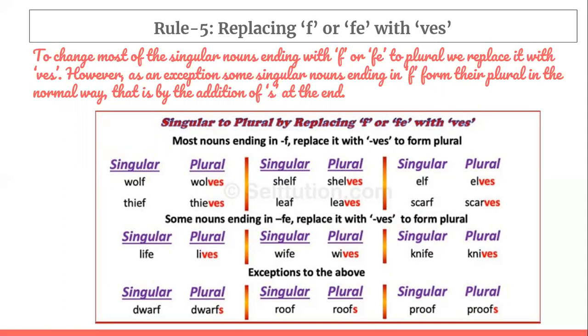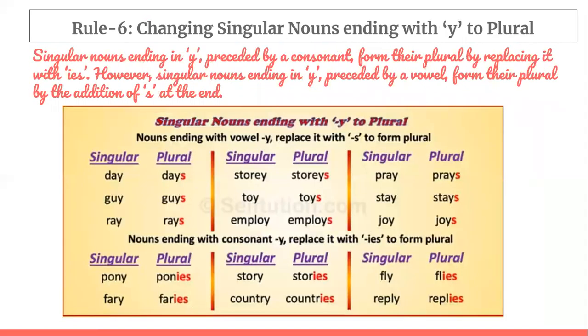And next is exception to these rules: a dwarf, which remains dwarfs, roof becomes roofs, proof becomes proofs, gulf is gulfs, chief is chiefs. So these are some exceptions to this rule.